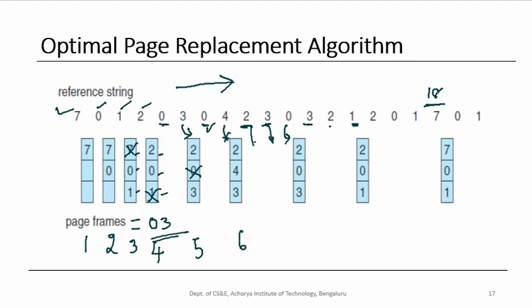There is a request for 2 as well, so you have to replace 4, and that is a page fault. It goes on like this. There will not be any page fault when there is a request for 3 and 2, and there will be a page fault when the request for page 1 comes, because it is not there in the main memory, and we pick 3 for replacing, or for inserting this 1 in place of 3.